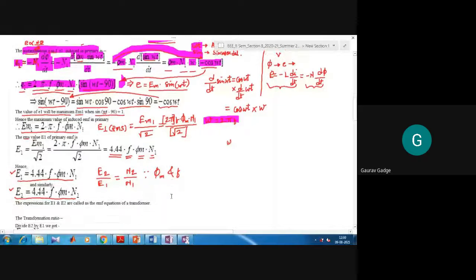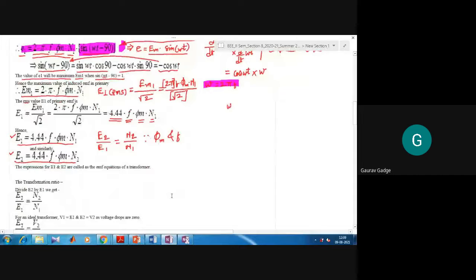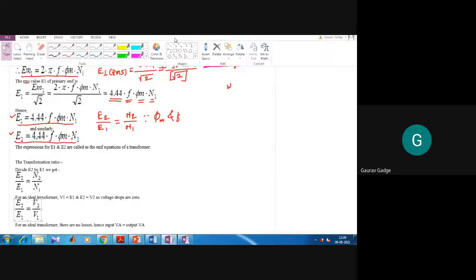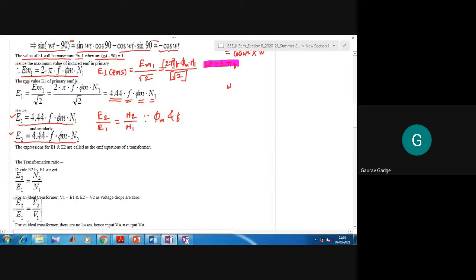Okay. Now I take the next part, which is called the derivation of the transformation ratio. It is in continuation to the derivation of EMF. So the expressions of E1 and E2 are called the EMF equations of the transformer, primary side and secondary side.